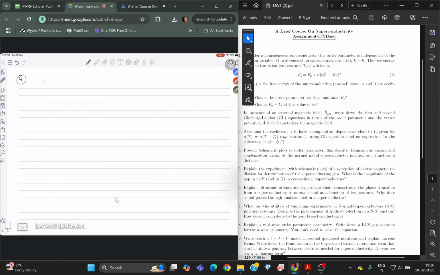It's already there in the literature, so I'm just copying it from the literature. So let's say this is the superconducting state, this is the normal state, right? So this is how flux density works, and this is how order parameter works.